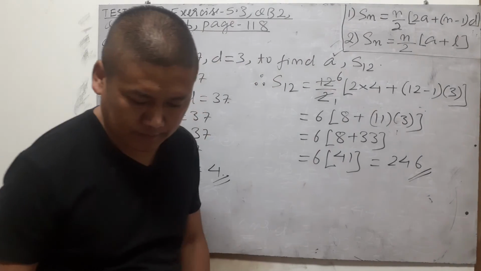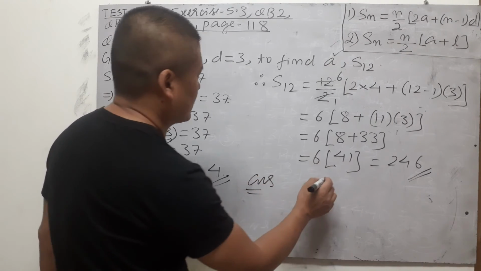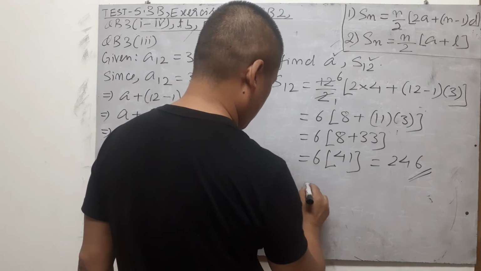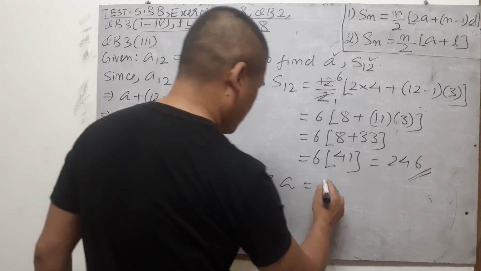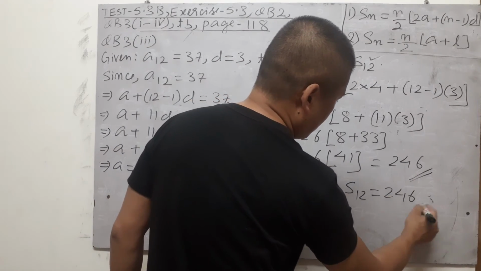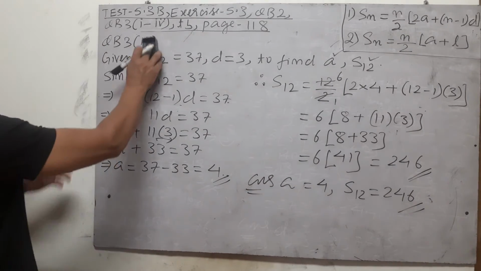So 246, textbook answer, yes. So the answers the textbook is asking are the A value, which is 4, and the sum of 12 terms, which we just got as 246.